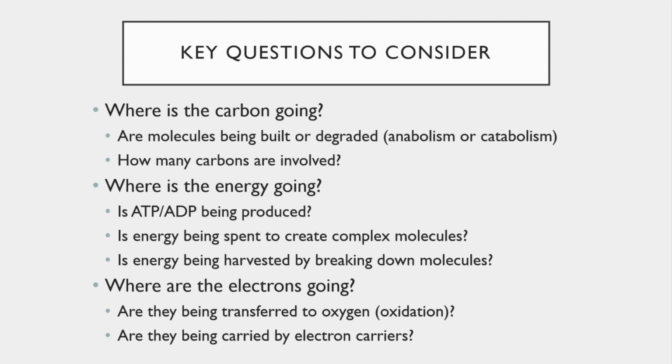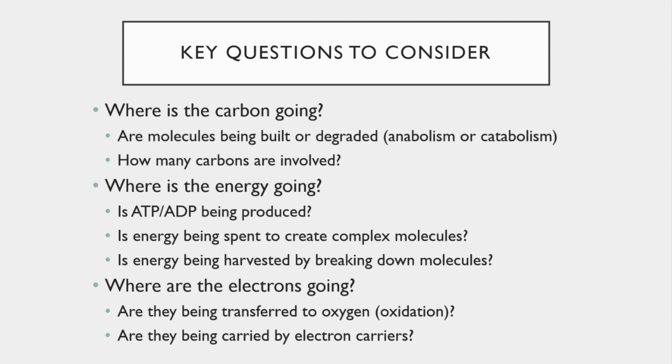These questions include determining where the carbon is going, whether molecules are being built or degraded, the number of carbons involved, and where the energy is being directed. We can also determine whether ATP or ADP is being produced, if energy is being spent to create complex molecules, or if energy is being harvested by breaking down molecules.